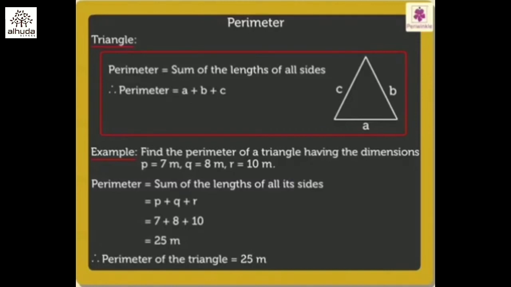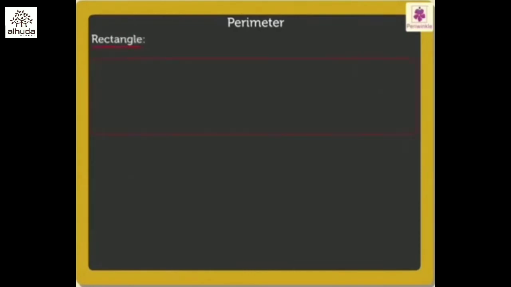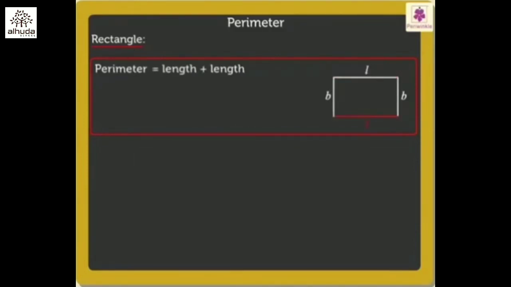Now, let us look at the formula for the perimeter of a rectangle. We have already learned that a rectangle has 4 sides, wherein its opposite sides are equal in length. Thus, the perimeter of rectangle is equal to length plus breadth plus length plus breadth.